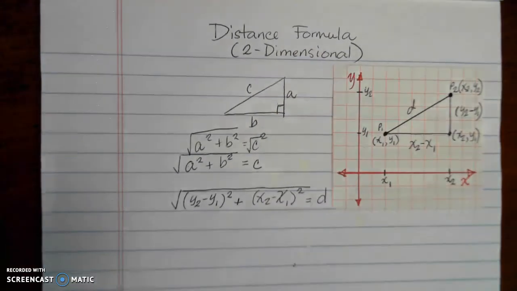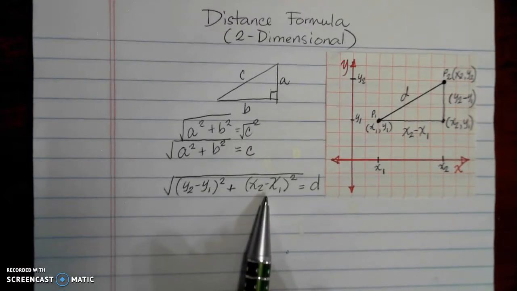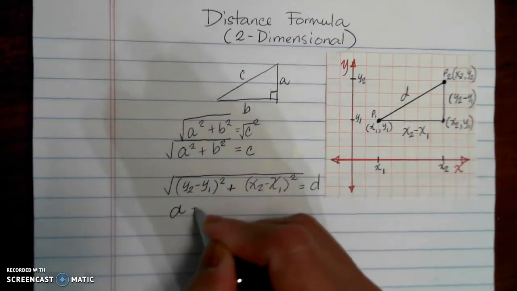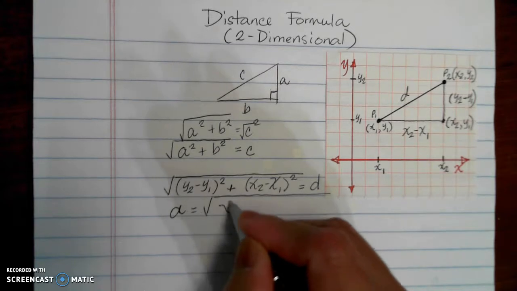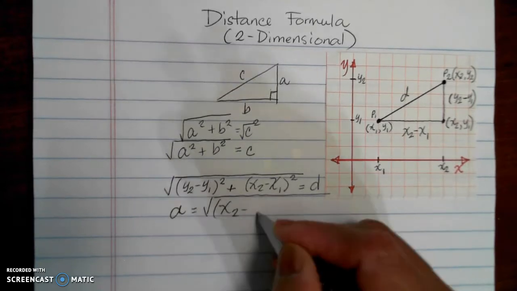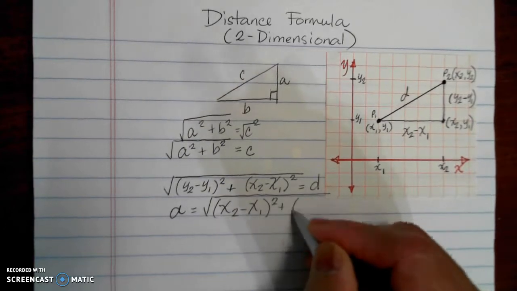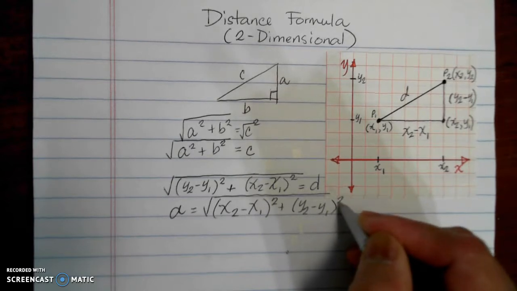Now, this is partly not what you're going to see on the distance formula, because the distance formula says this. So distance is equal to the square root of, well, there's a parenthesis, x sub 2 minus x sub 1 squared plus y sub 2 minus y sub 1 squared.